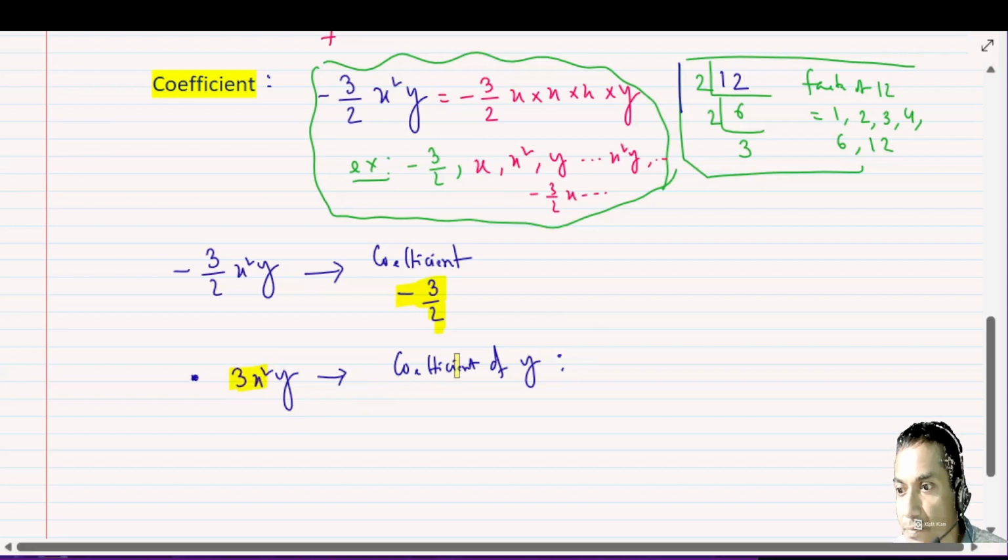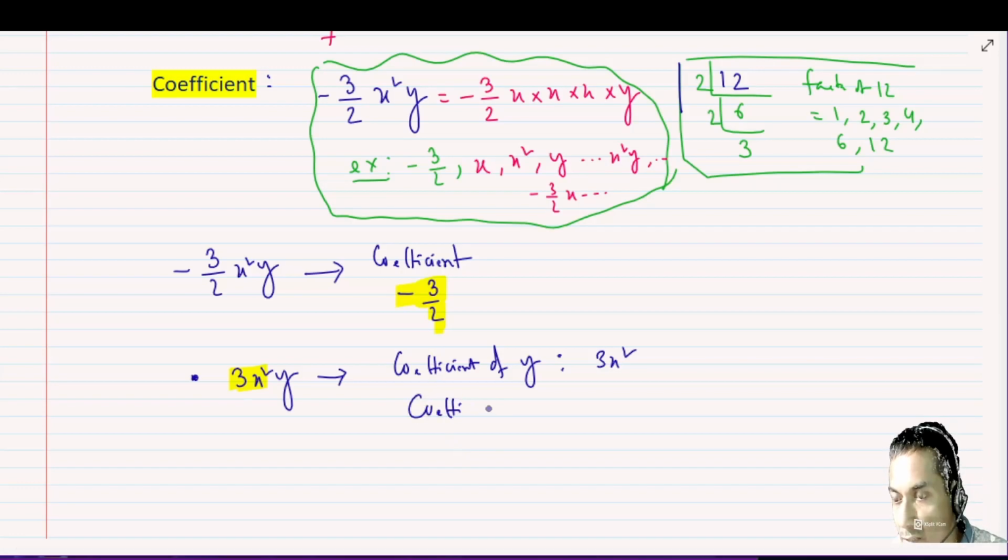Clear? The coefficient of y is equal to 3x square. Clear? And the numerical coefficient, if not mentioned anything, of this algebraic expression is equal to 3.